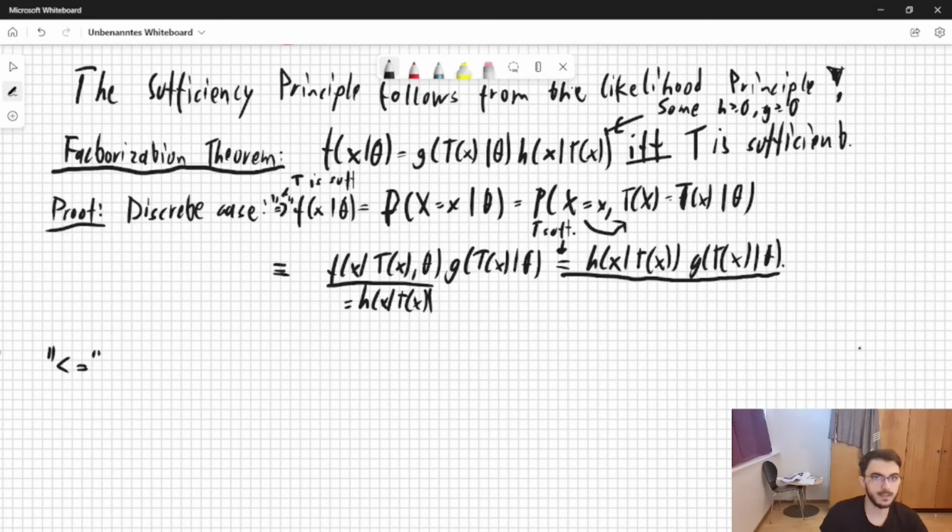We don't necessarily need them to be the densities, but it's going to turn out that they are the densities which I described earlier. So we're going to assume for some g and h larger or equal to 0, f of x given theta is equal to these two functions. But we don't yet know what they are.